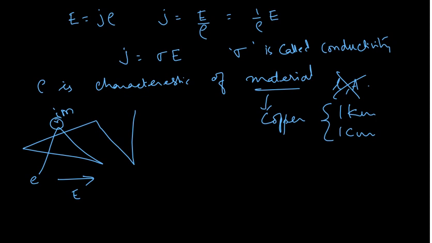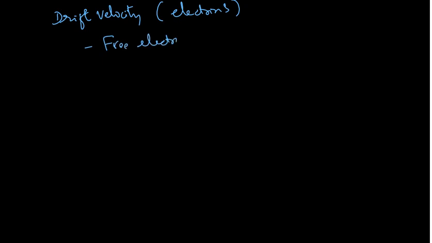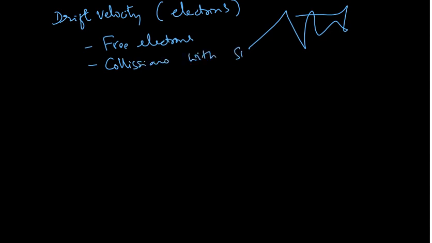So they keep on colliding between various ions. What we are talking about is drift velocity. This velocity is about the electron. The free electrons in a metal keep on moving in that zigzag manner, and then they have collisions with the static, stationary ions.